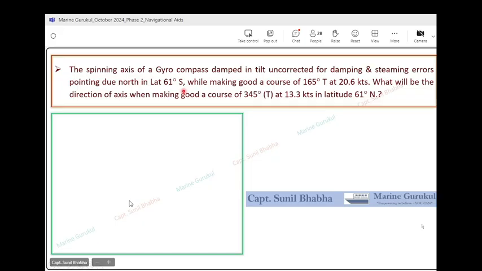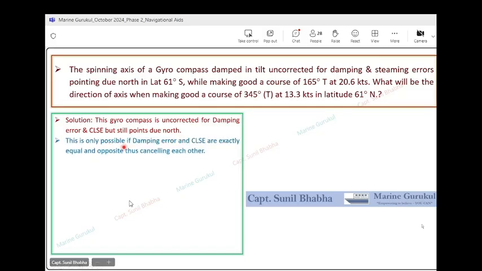So what could be the reason for it? Let's see. The gyro compass is uncorrected for damping error and CLSE or steaming error, but still points due north. Now this is only possible if the damping error and the steaming error are exactly equal and opposite, thus cancelling each other.